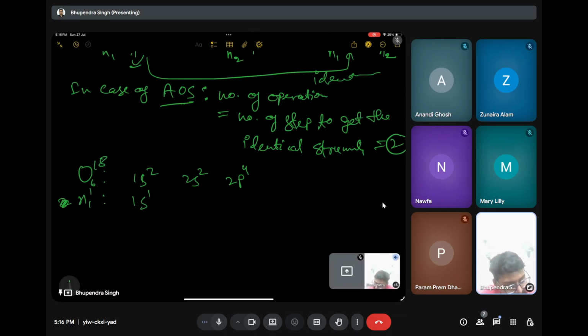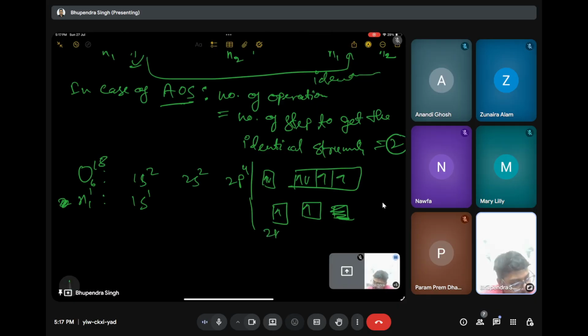This p is like this, 2s is like this, and this is 1s here. Two hydrogens, hydrogen 1 and hydrogen 2, to bond with this. How many lone pairs will it have? 1 and 2.